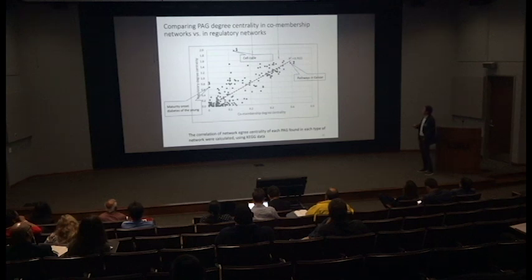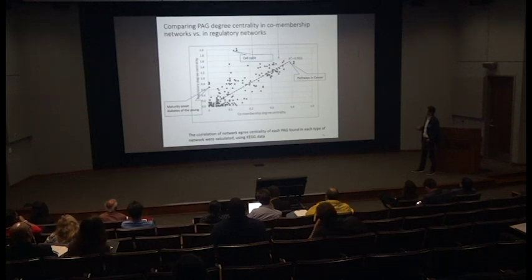And then we found that in the database, the co-membership based versus the co-regulation based PAGs with different degrees of centrality are not necessarily always linear. The trend is there, but there are certain PAGs that tend to show up more in one type than the other.